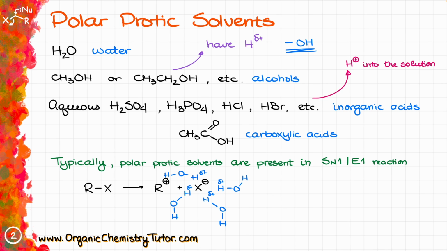Otherwise, there is just no good reason for your leaving group to dissociate in the first place, and even if it were to dissociate, it would immediately reattack the carbocation and never go away any appreciable distance so that the nucleophile can come in and do any kind of reaction. So in reactions like that, we are always going to have polar protic conditions, a polar protic solvent, simply because that solvent is required for the carbocation formation. Without that, there will be no carbocation.